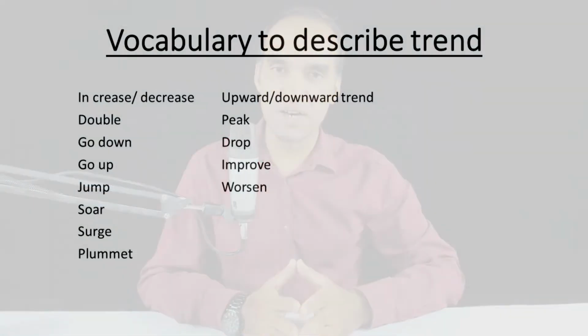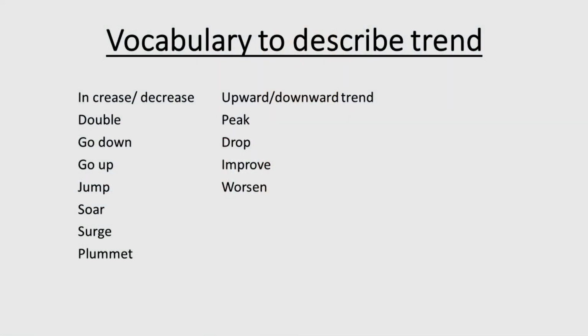Here is the vocabulary for the trends. This vocabulary can be very useful to talk about the changes that occurred in the graph: increase, decrease, double, go down, go up, jump, soar, surge, plummet, upward, downward trend, peak, drop, improve, or worsen, etc. You can take help from adjectives and adverbs to talk about the amount of change that occurred.